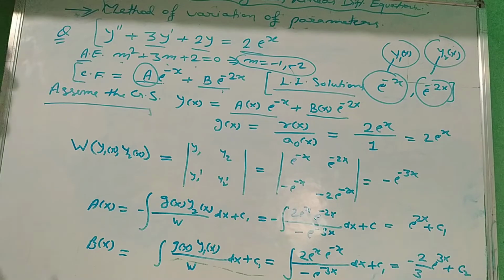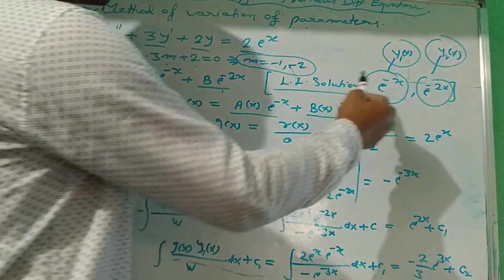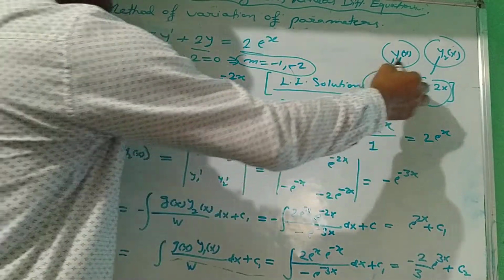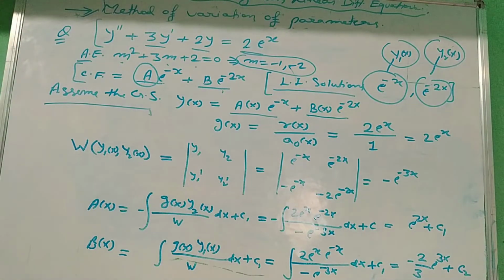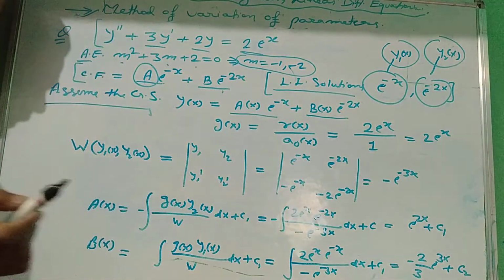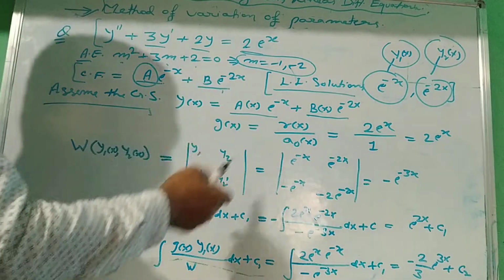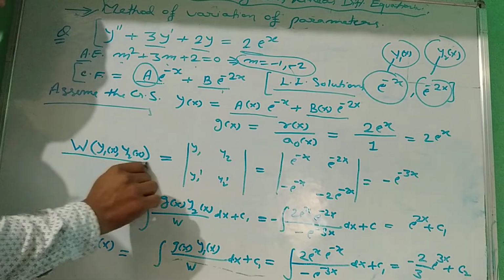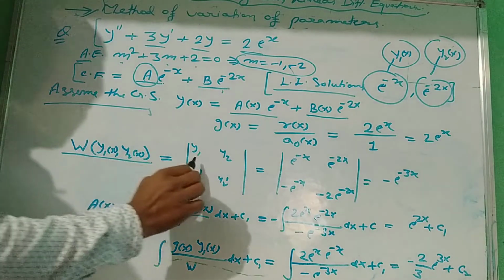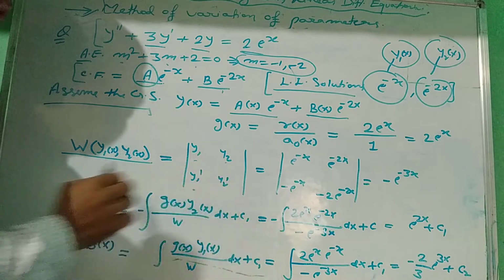With the help of the linearly independent solutions y1 and y2, we can easily calculate the Wronskian of the linear independent solutions, or we can say that we can verify these solutions are LI or not. The Wronskian of this differential equation is the determinant of y1, y2, y1 dash and y2 dash.